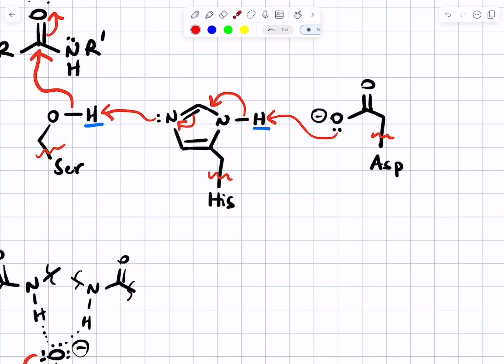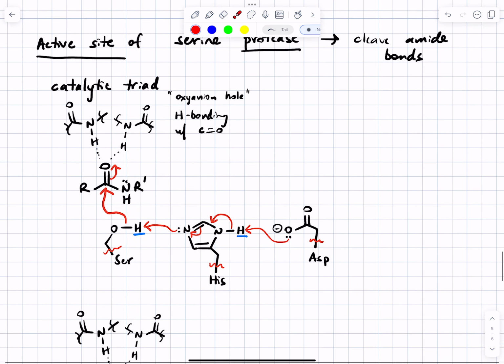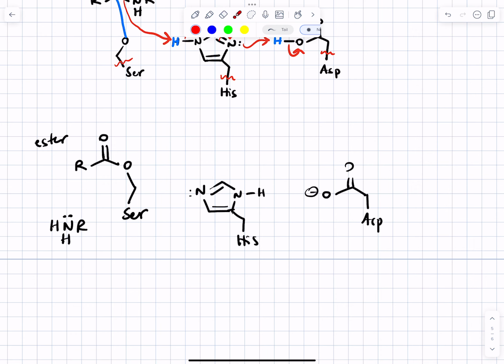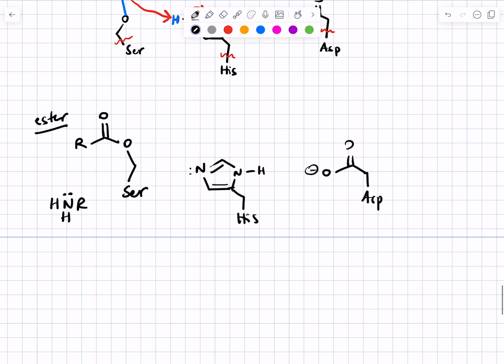Okay, well, the second half of the reaction is going to be exactly the same as the first, only our goal now, instead of getting rid of an amide, is going to be to hydrolyze this ester. Fortunately, esters are easier to hydrolyze than amides, and our nucleophile is going to be water. So we'll just move the amino group up here.